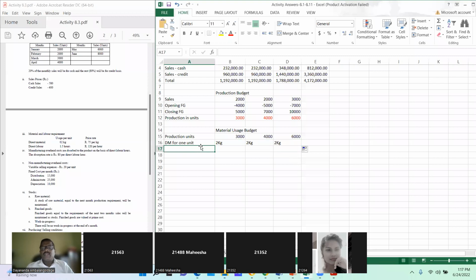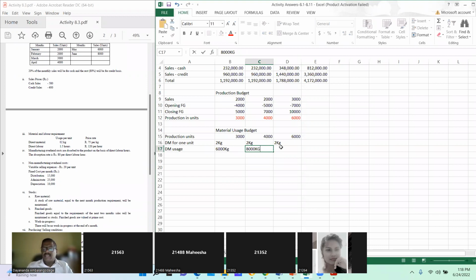Then the requirement would be the direct material requirement or usage. How much? This 3,000 multiplied by 2 kg, that is 6,000 kg. I'm just putting it because it is simple. Here 8,000 kg.